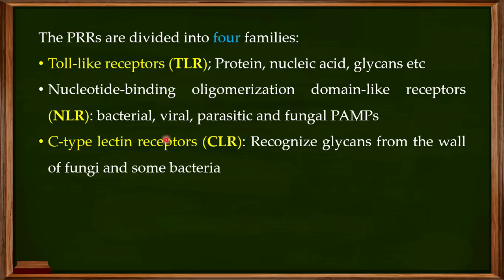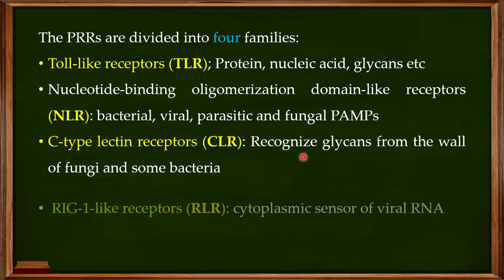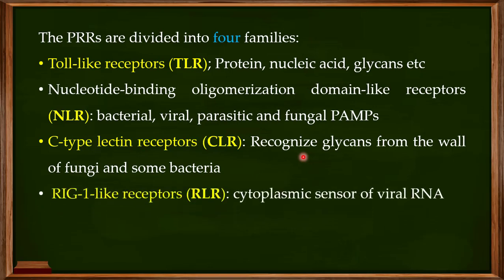So these CLRs are able to recognize the glycans from the wall of the fungi and some bacteria. And the last family is known as the RIG1-like receptors, and they are very important in the recognition of the cytoplasmic sensor of the viral RNA.